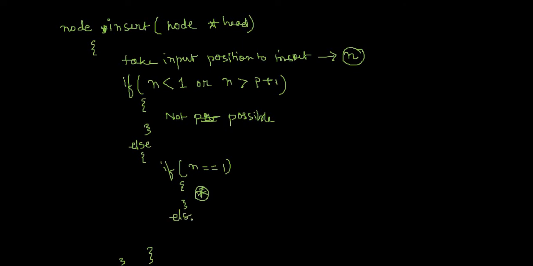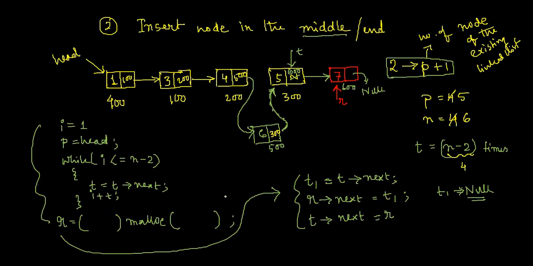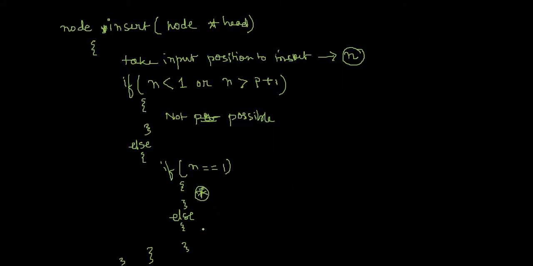And if it is not the first position, that means either middle or the end, so the set of code that I have written here, you will just write here. As simple as that.